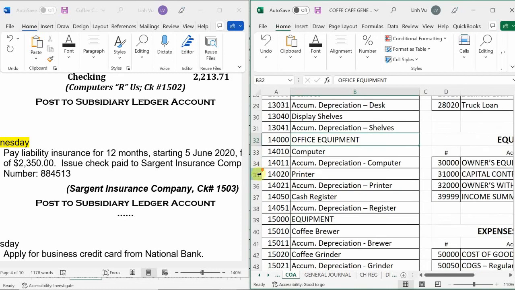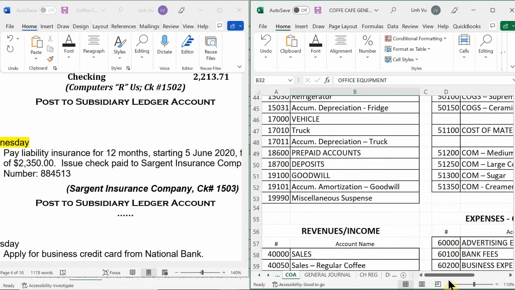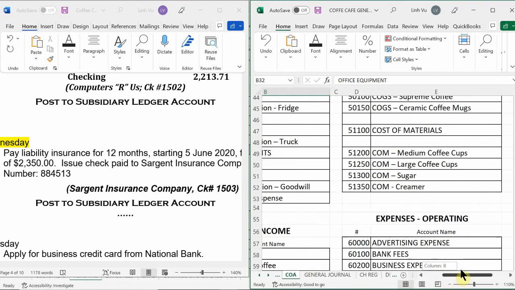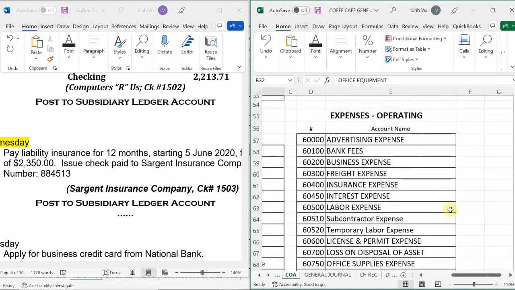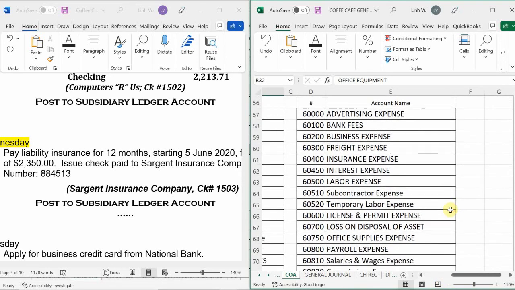Good. But remember, just like the rent, the insurance expense is only for the current month. So in this case, this insurance expense is only covered for the month of June.